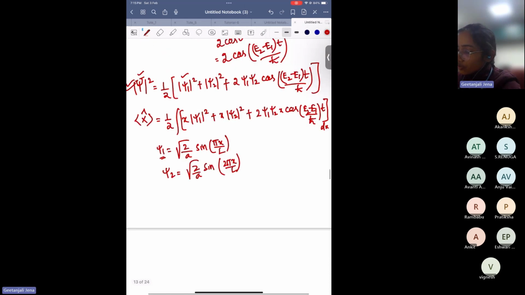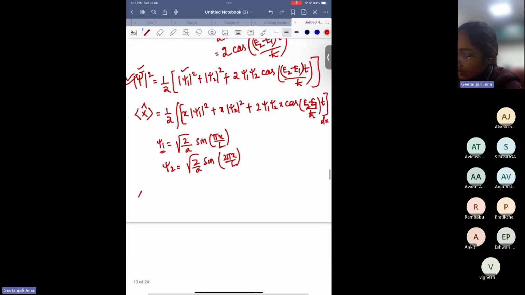Now you have to use the integration by parts rule that I have told you earlier.